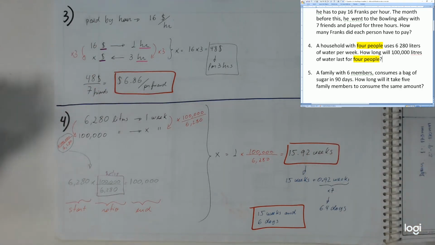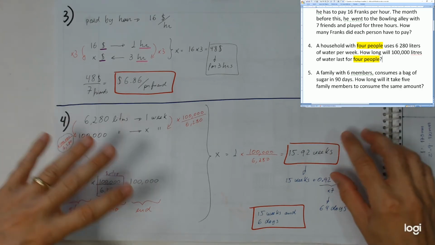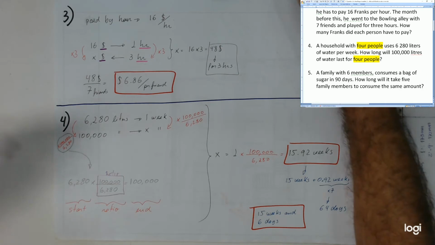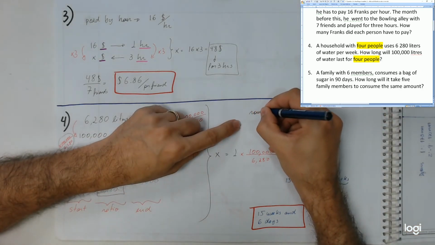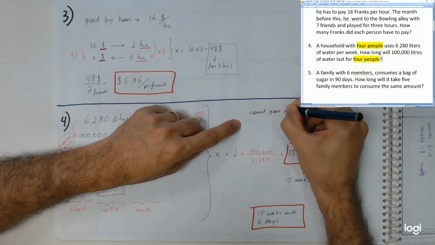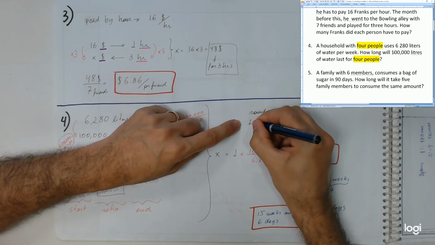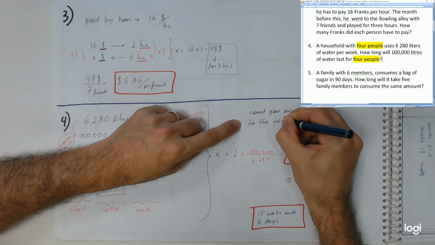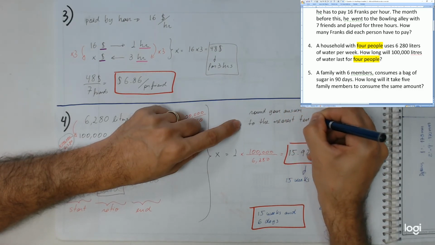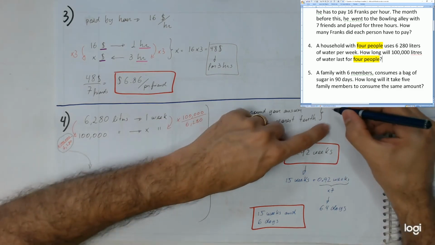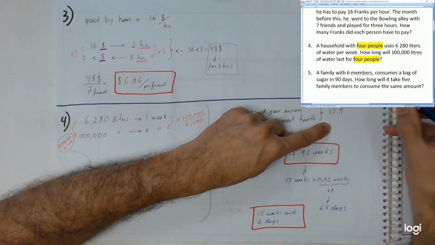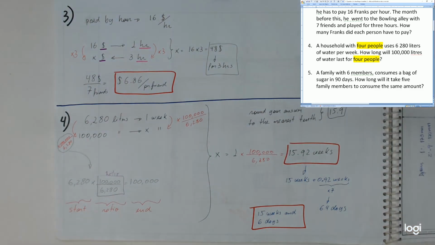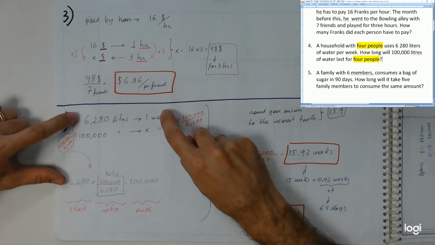This question is not demanding this because it's not a complete question, but the question should be like this: round your answer to the nearest tenth. If that was the problem, your answer would be 15.9, okay? Nearest tenth. It depends on what is being asked of you. Okay, so this problem is also easy. You just work like this: ratio, same ratio.